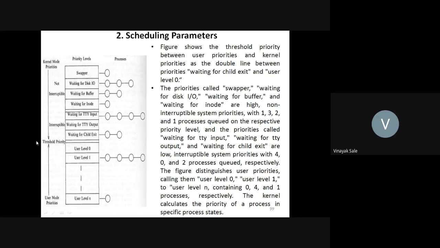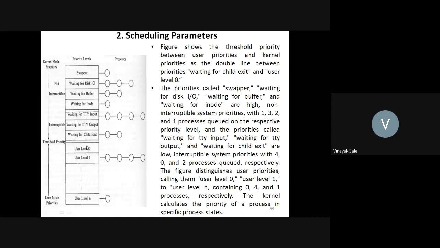Threshold priority is set between two priorities: kernel mode priority and user mode priority. This double line indicates the boundary between waiting for child exit and user level. This is the threshold priority.